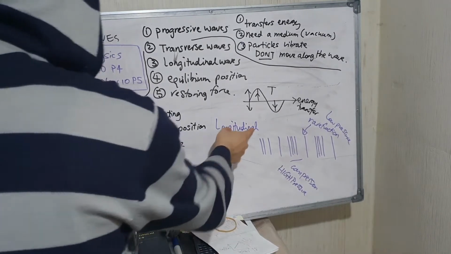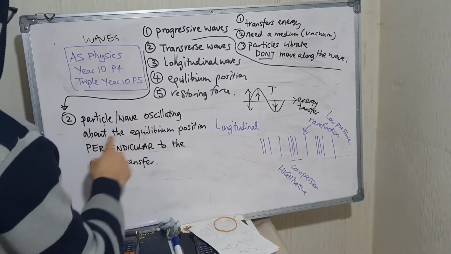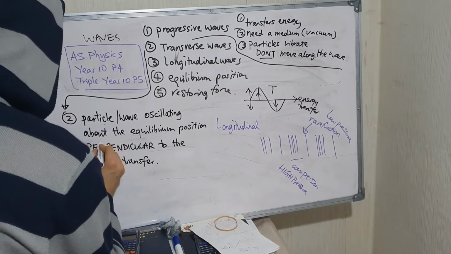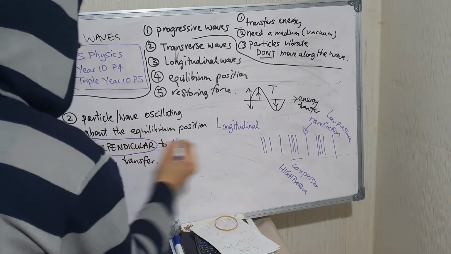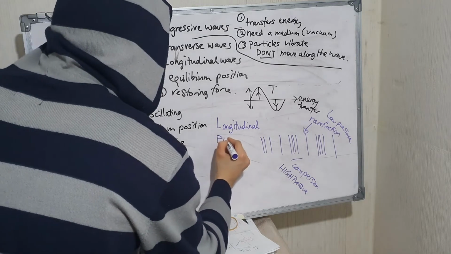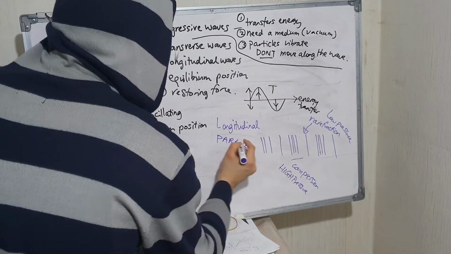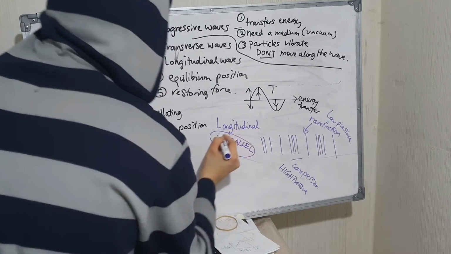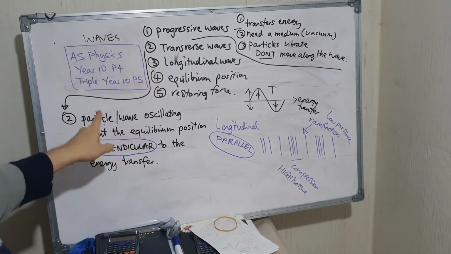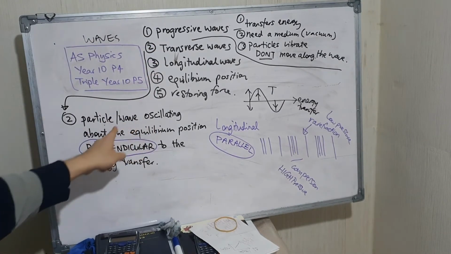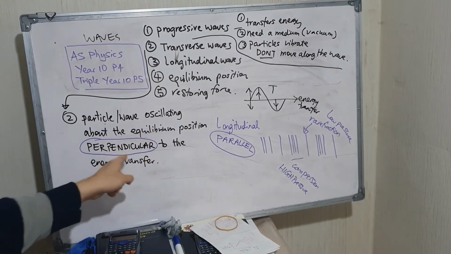And for longitudinal, how would we say this? For longitudinal, it's exactly the same thing as here, but what do we swap? So instead of perpendicular, we say parallel. Okay, so for transverse wave, you say the particle or wave oscillating about the equilibrium position perpendicular to the energy transfer.